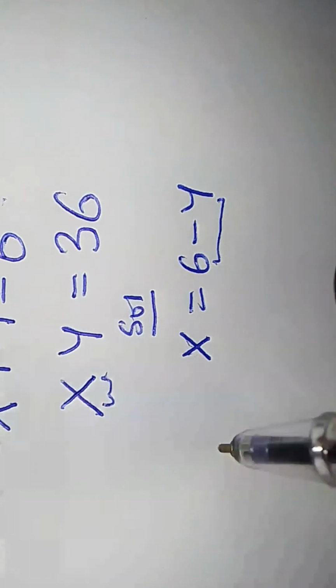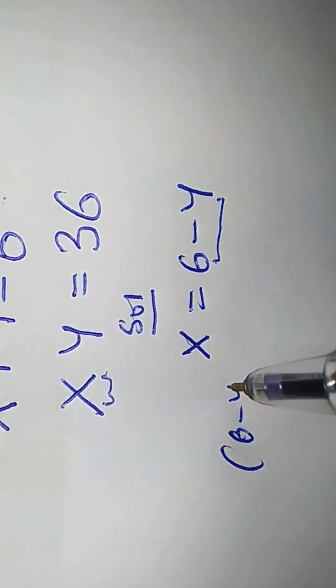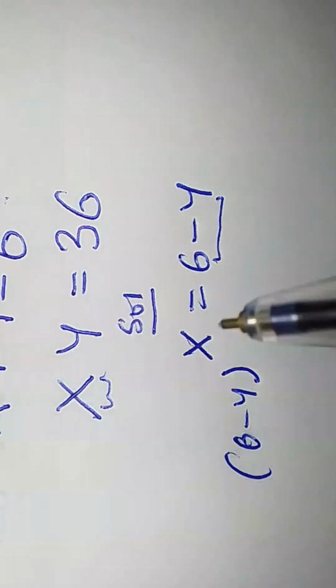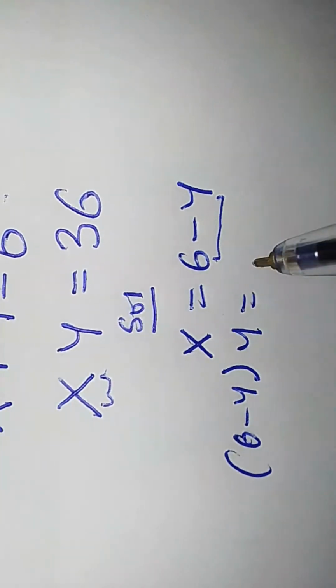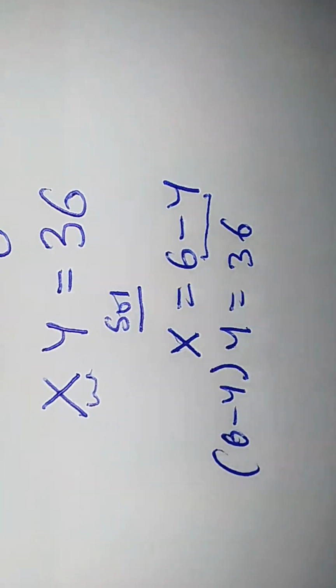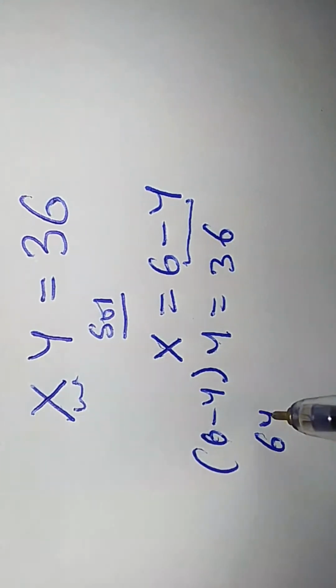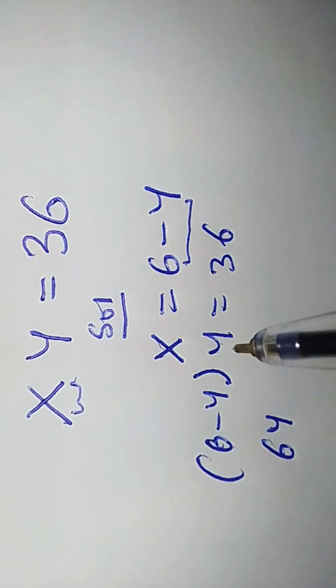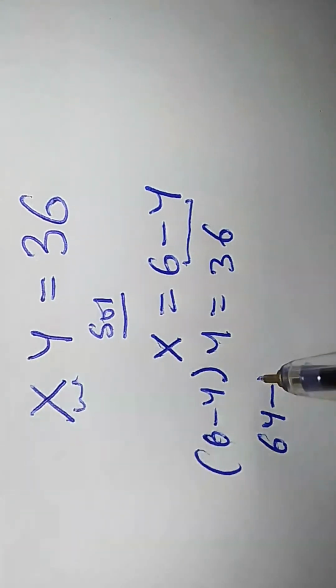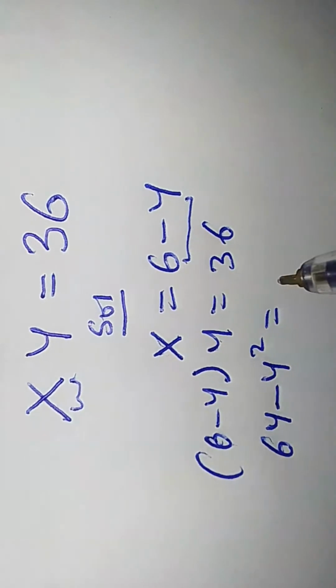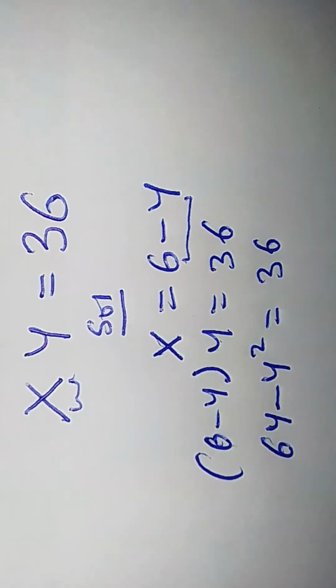Doing that, we have 6 minus y times y equal to 36. 6 times y, that is 6y, minus y times y, that is minus y squared, equal to 36.